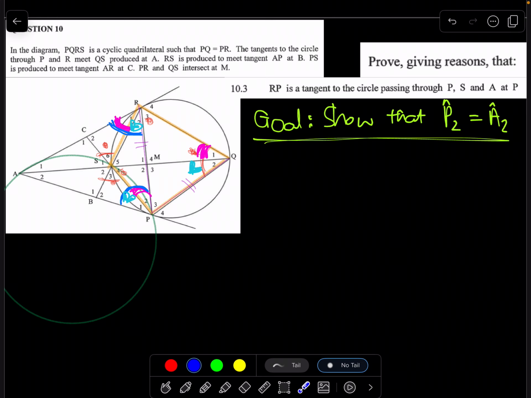We are trying to get all the way up here. Okay, we know that S1 is equal to CRM.